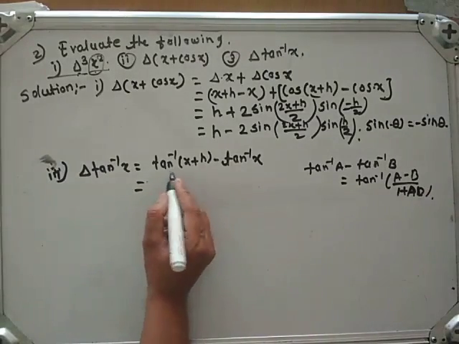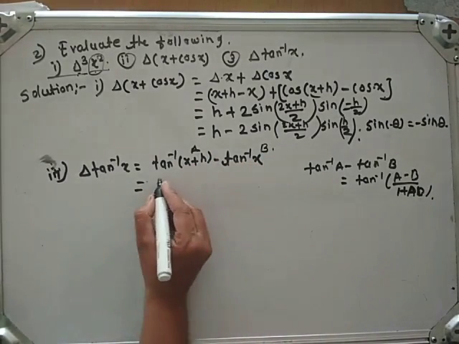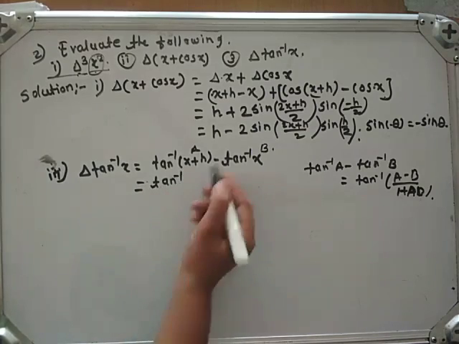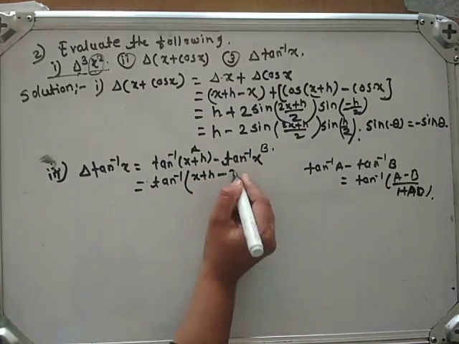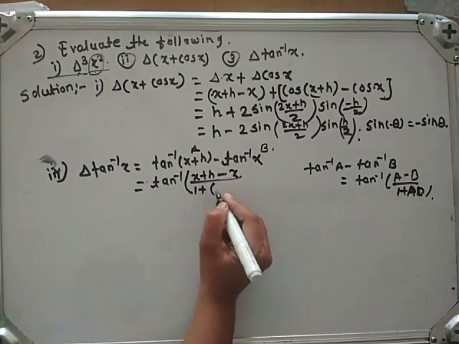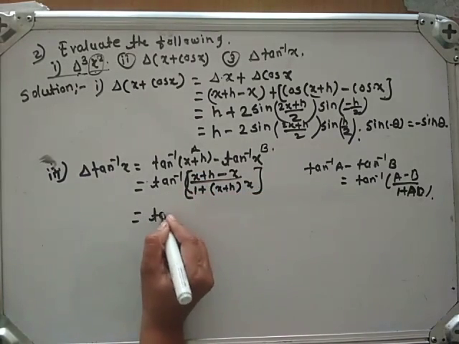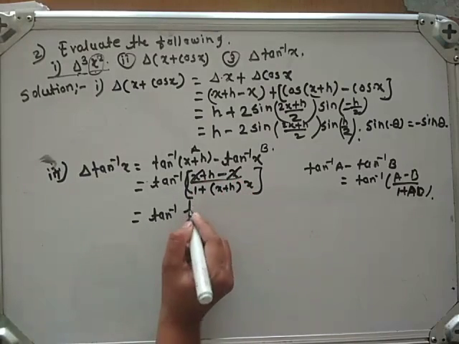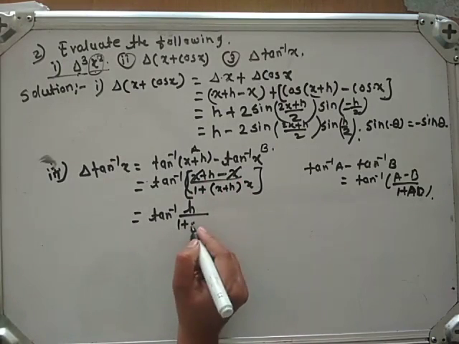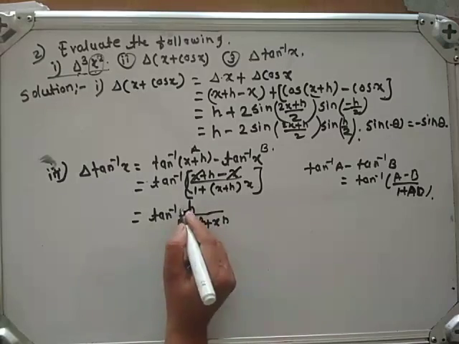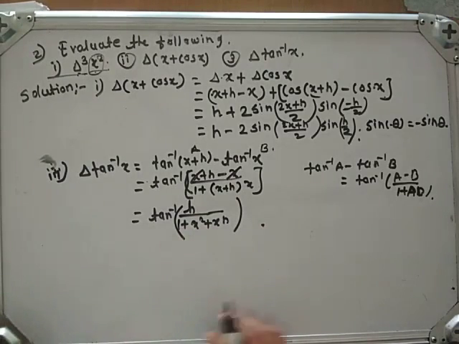Here x plus h is a, and x is b. Therefore, this becomes tan inverse of (x plus h minus x) upon (1 plus (x plus h) into x), which is equal to tan inverse of h upon (1 plus x square plus xh), since x gets cancelled. This is the delta of tan inverse of x.